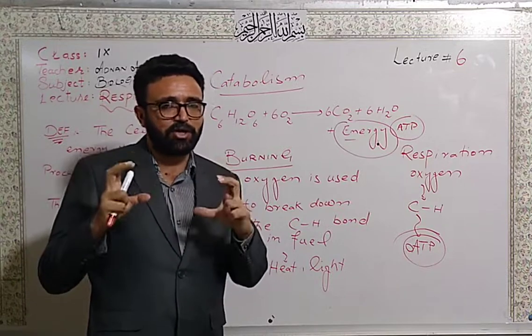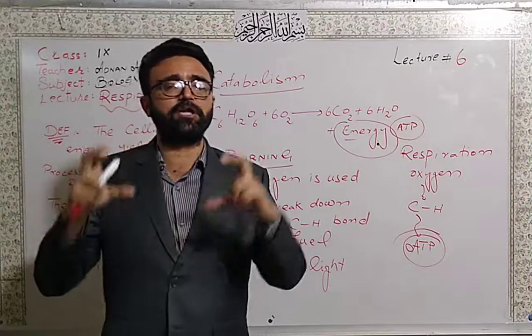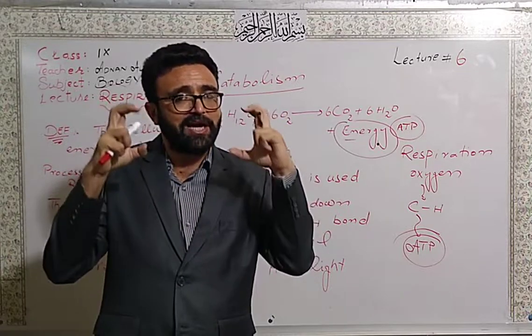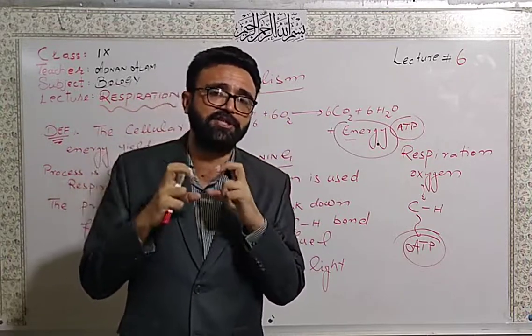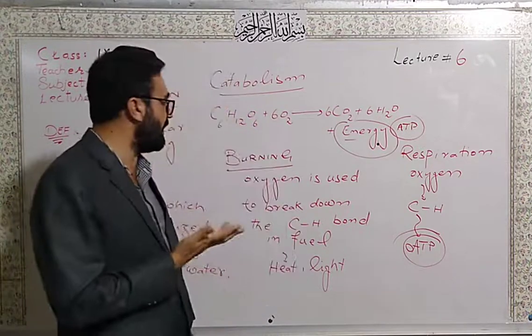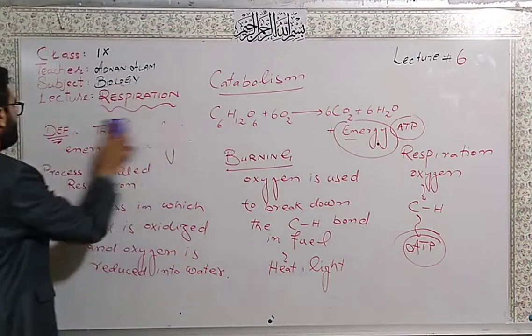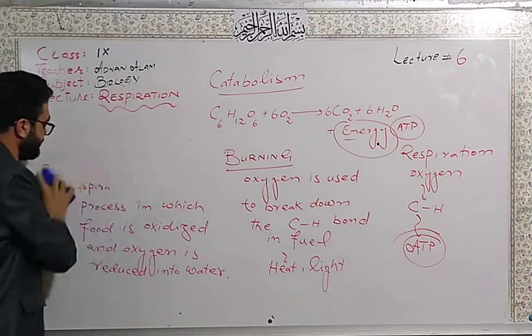So these three, breathing, gaseous exchange, and cellular respiration, are interconnected steps of a single process called respiration. Now students, we are moving ahead and we will discuss the types of cellular respiration.